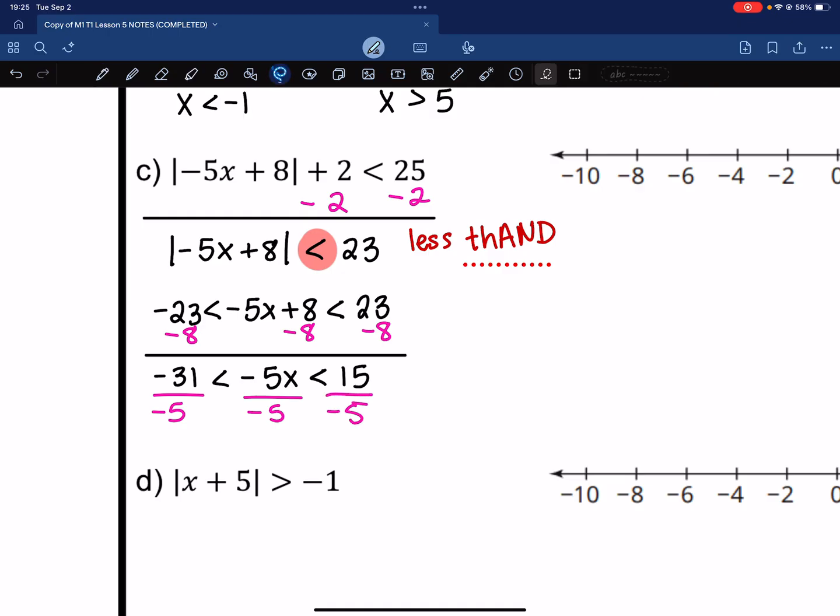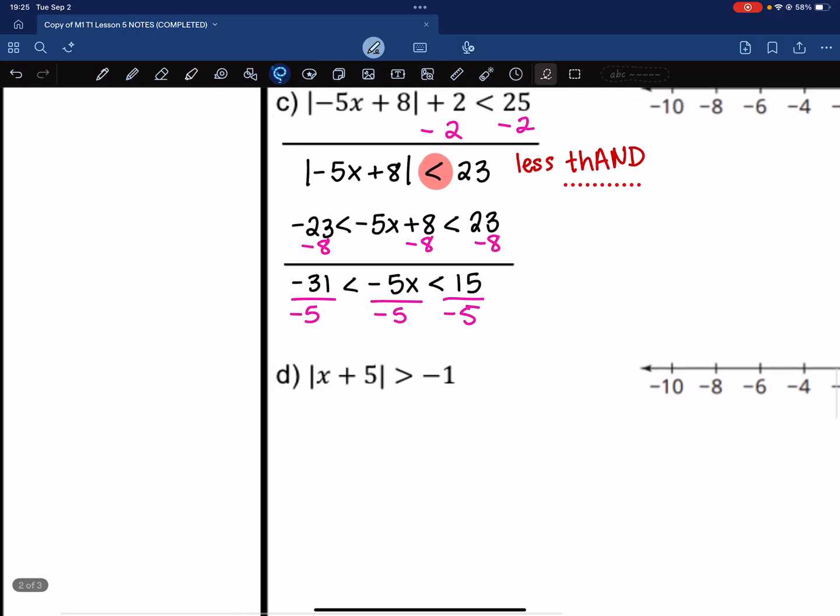When you divide by a negative value on these inequality signs, you will need to flip the inequality signs. Because we divided by negative 5, we had to flip the inequality signs. So when we do this, negative 31 divided by negative 5 is a positive 31 over 5. Okay? And then 15 divided by a negative 5 is a negative 3.